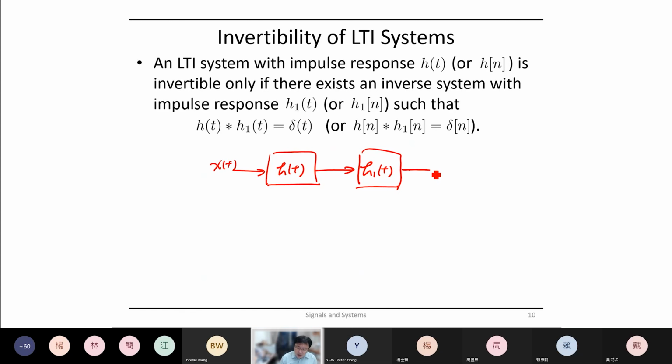Then the output should be equal to its input. So when you cascade a system with its inverse system, you get an effective system that is equal to the identity system.